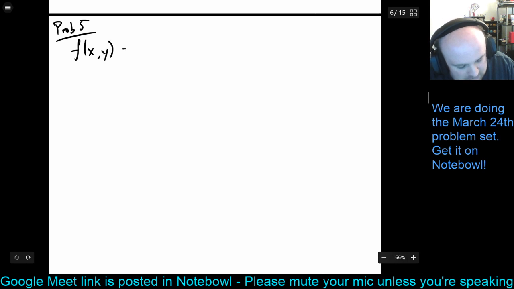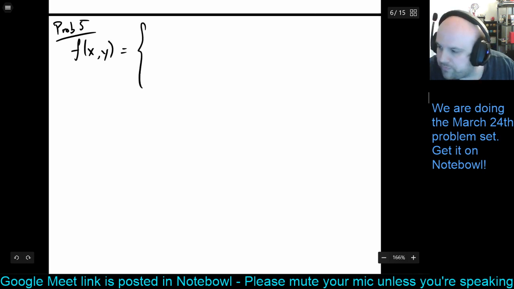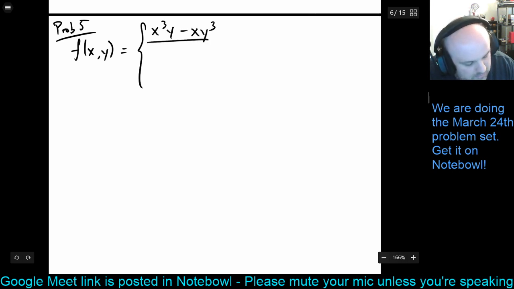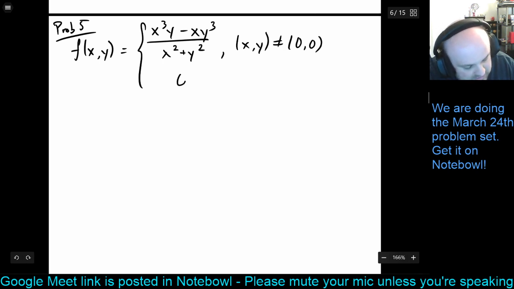We have f of xy, which is x cubed y minus xy cubed over x squared plus y squared, when xy is not 0, 0. And when it is at the origin, we define the function to be 0.